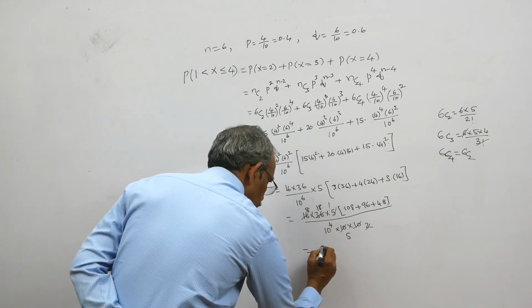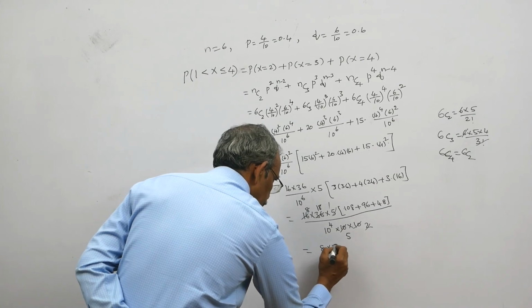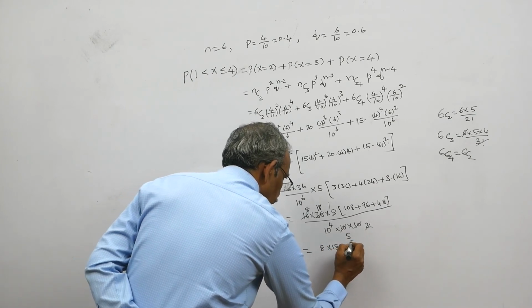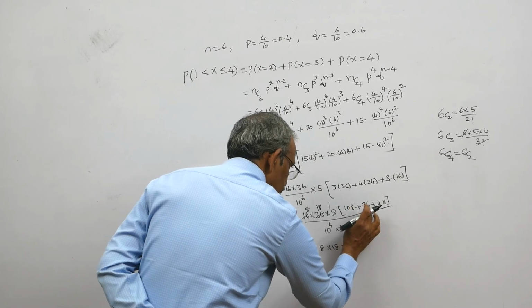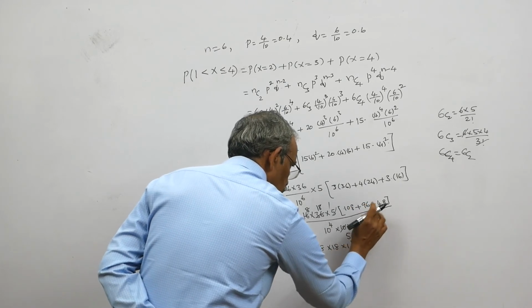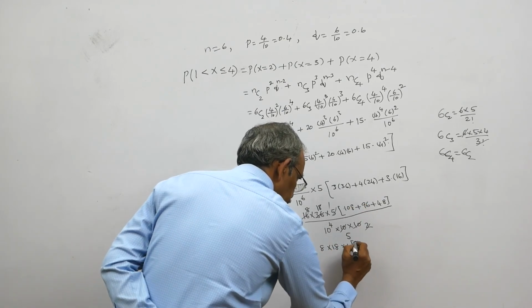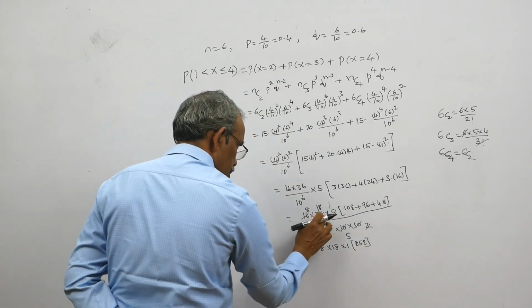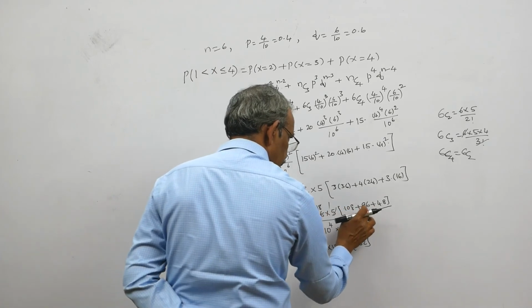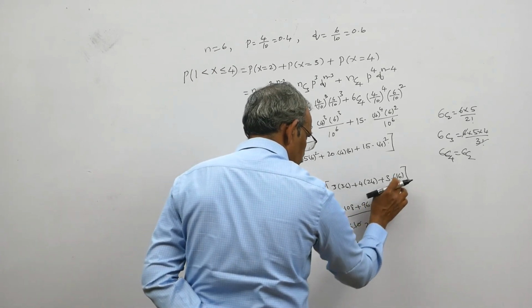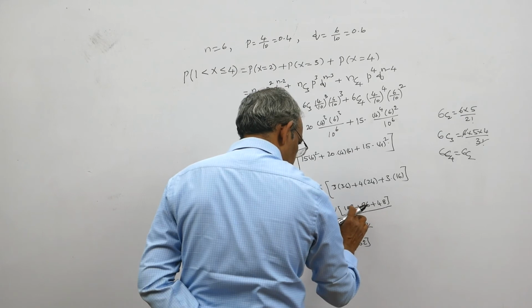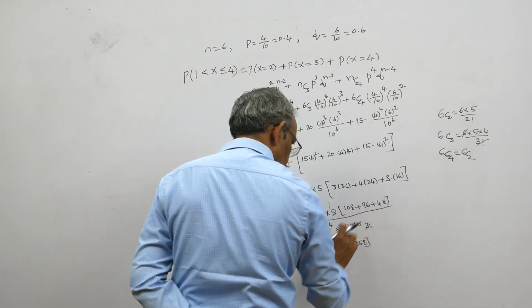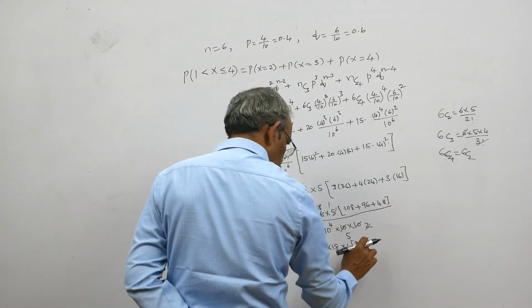This is equal to 18 into 8 into 18 into 1 into 108 plus 96, that is equal to 204, plus 48, 252. So 16 into 36 into 5 into 108 plus 96 plus 48. When we add these three terms, this is equal to 204 plus 48, that is 252.